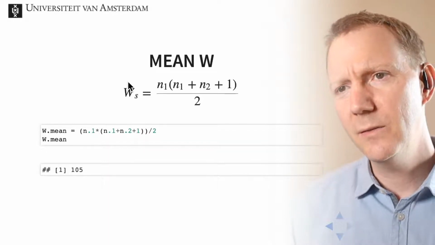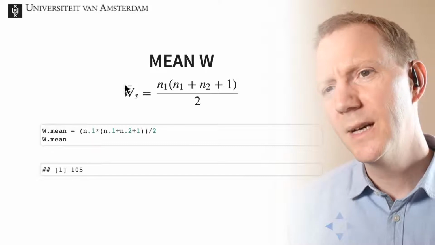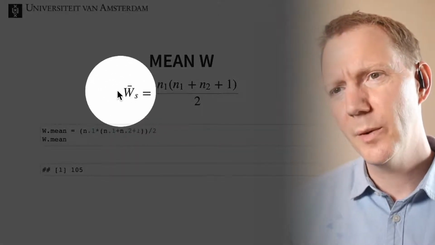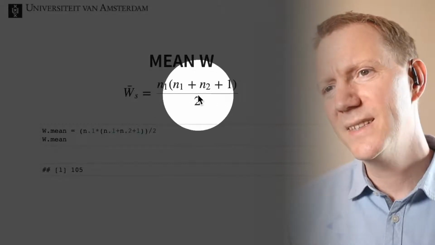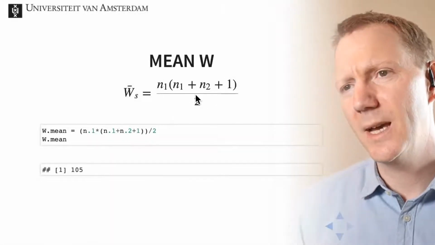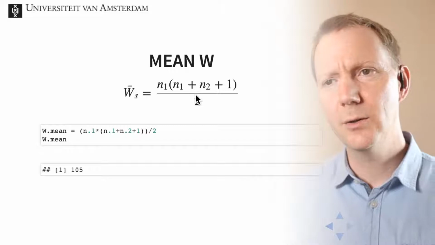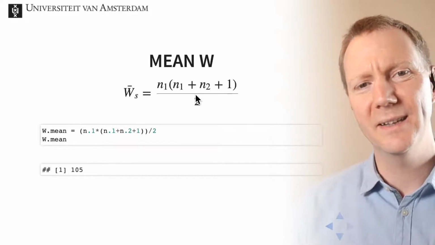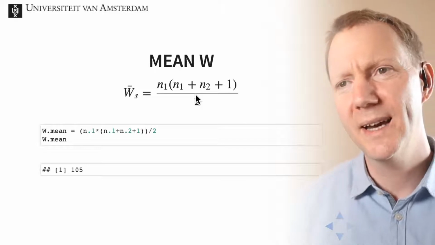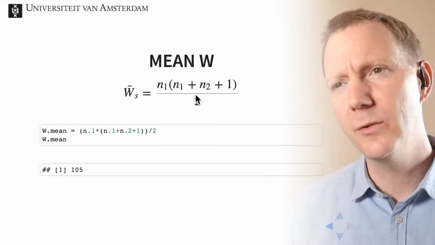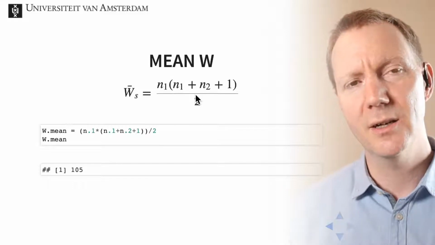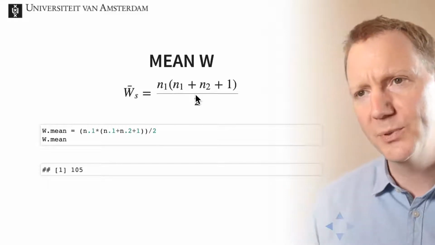So calculating the mean value here is the mean with a bar on top of the W. Because you're ranking, the height of the values actually doesn't matter in assigning a rank. So we can get to the mean of this W value by only using the sample size of both groups.